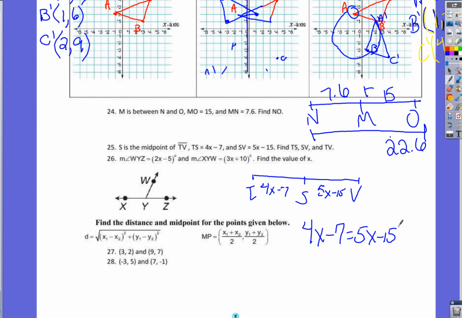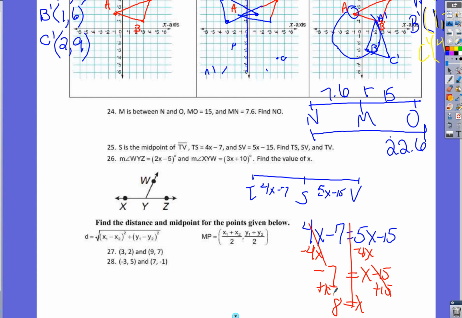Okay, combine like terms. I don't have any like terms on my equal signs. So I subtract my 4x from both sides. I get negative 7 equals x minus 15. Do we agree? Add 15 to both sides. It's upside down, so it's kind of weird. X equals 8. Am I done?